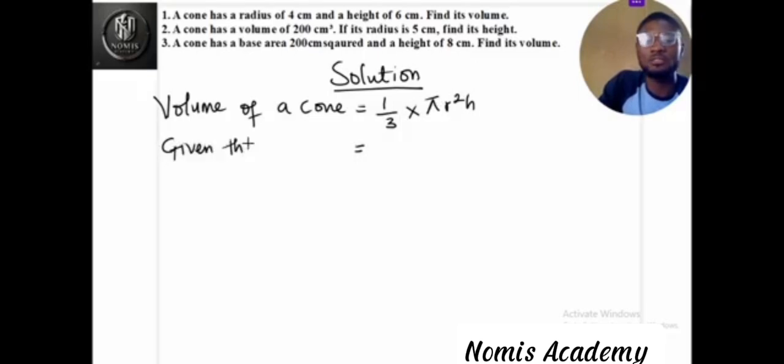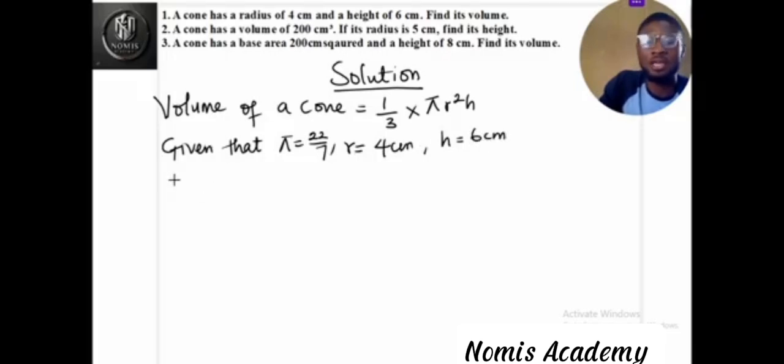Given: pi is 22 over 7, radius is 4 centimeter, and height h is equal to 6 centimeter.